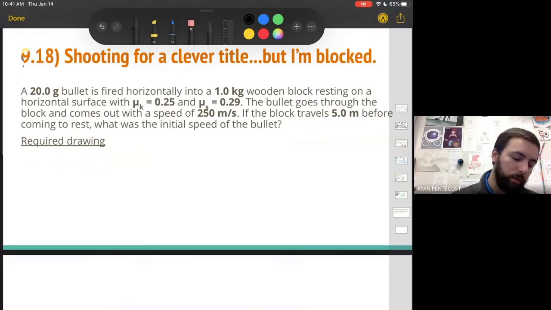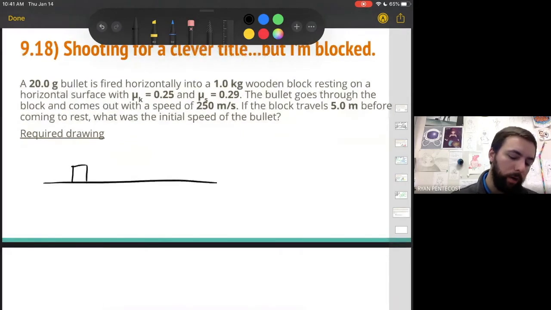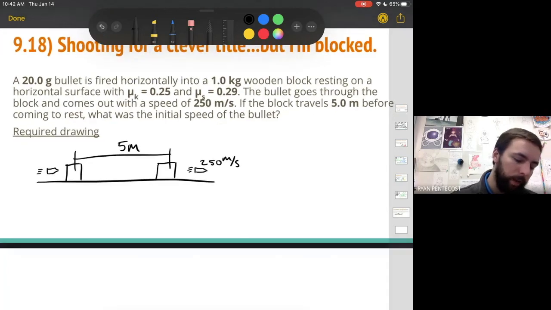All right, so let's see. We've got block, block. Okay, so you've got bullet goes through the block and causes the block to travel 5 meters, but the bullet is continuing to move at 250 meters per second as it goes. That bullet is 20 grams. This is 1 kilogram.